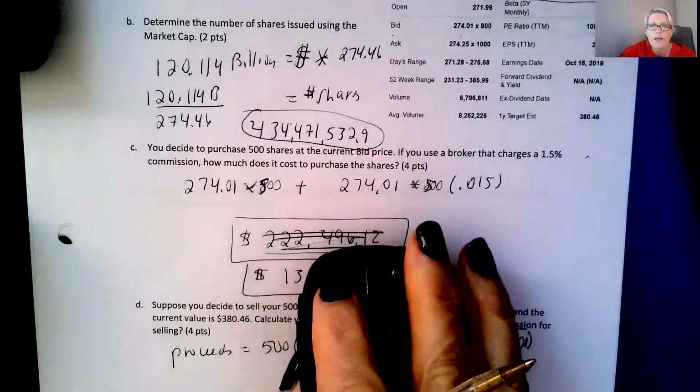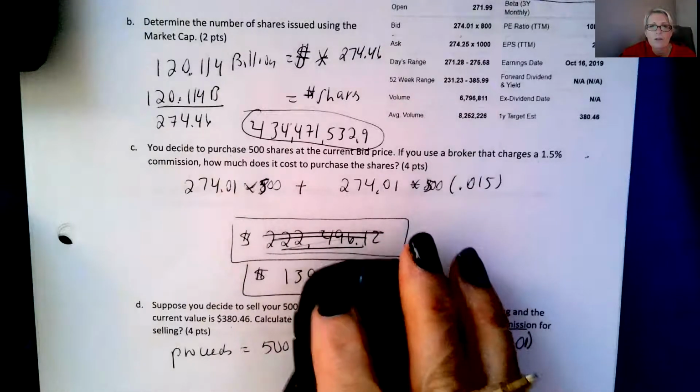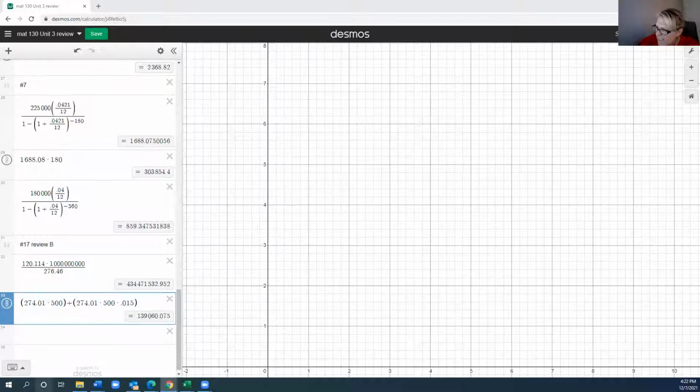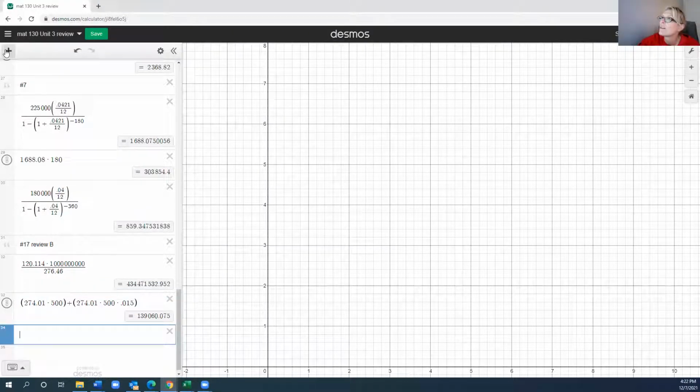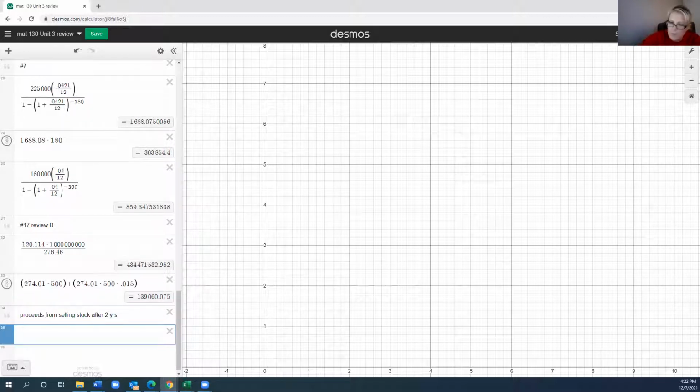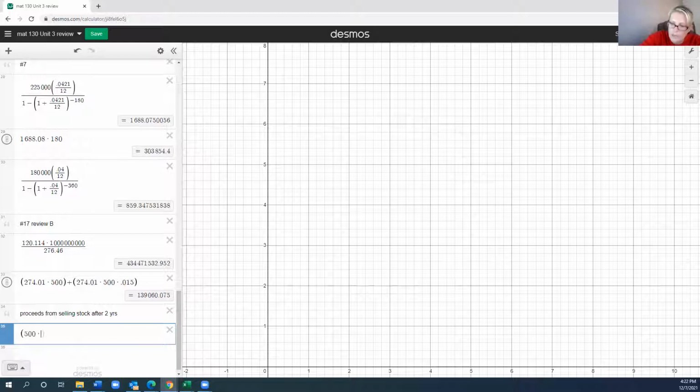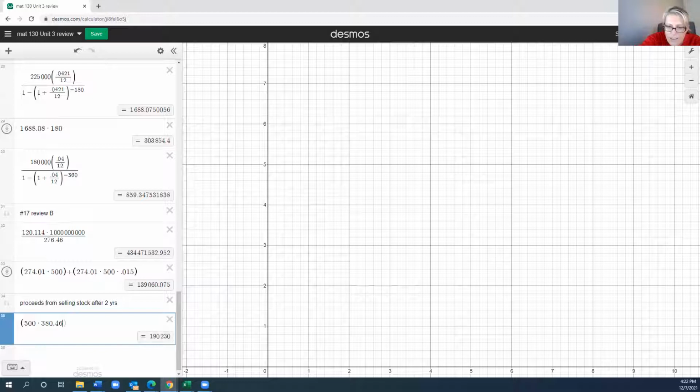So let's go back to our Desmos here. And let's just put a little note that this is our proceeds from selling stock after 2 years. Okay. So 500 times 380.46.